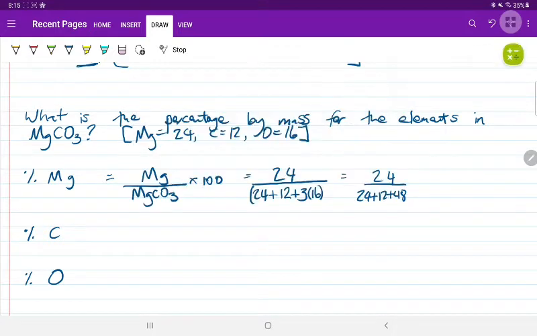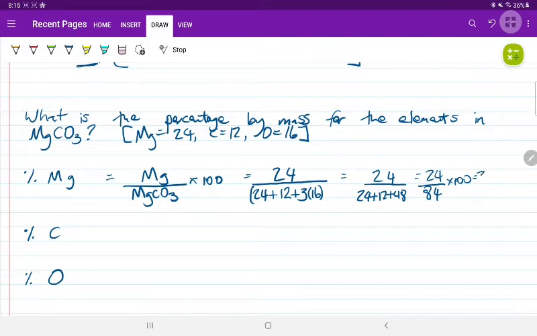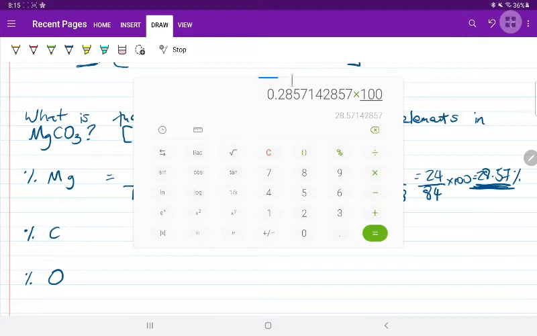That's 84. So it's going to be 24 divided by 84 multiplied by 100. And that's 28.57. So this is your percent magnesium, 28.57.